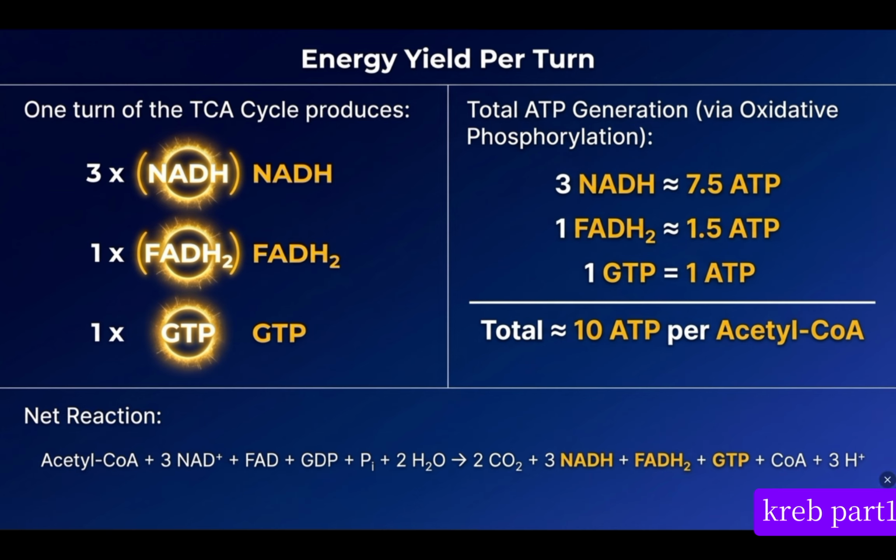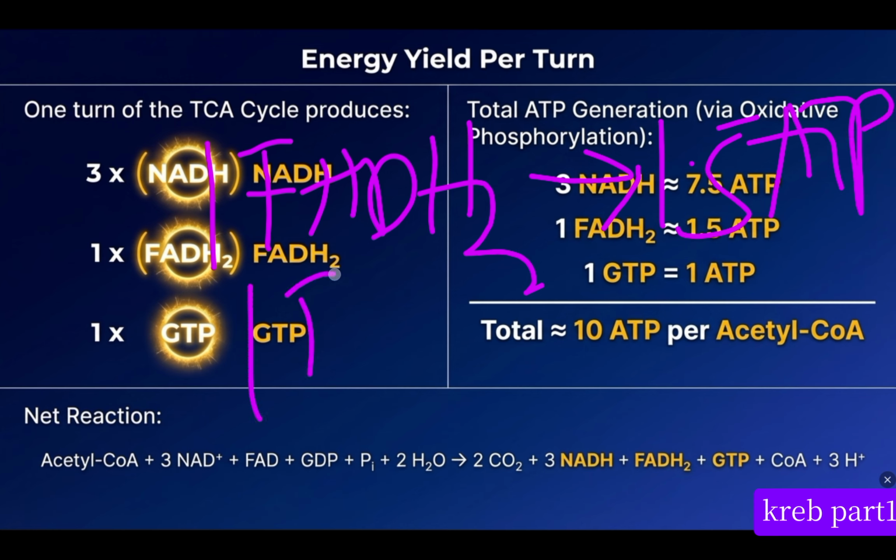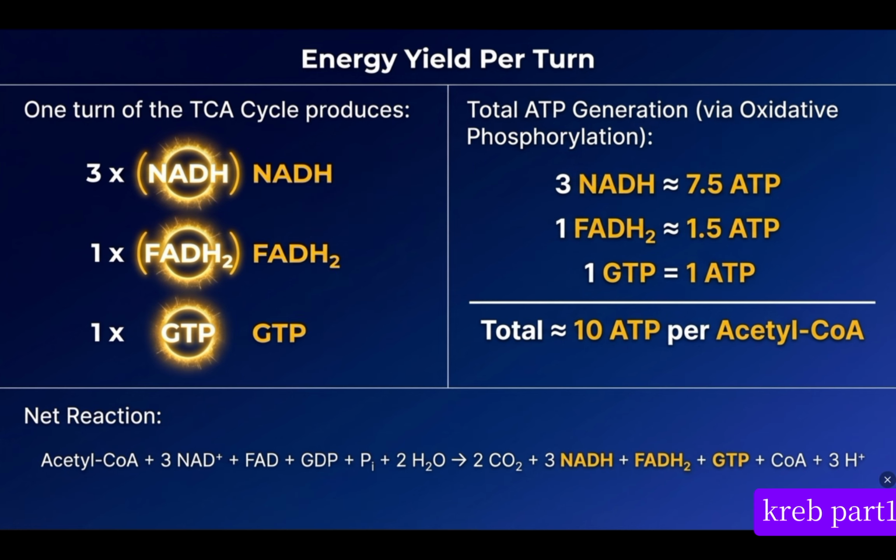And again, if 1 FADH2 will yield 1.5 ATP, therefore 1 FADH2 is equivalent to what? 1.5 ATP. And finally 1 GTP is equivalent to what? 1 ATP. So if you add 7.5 plus 1.5 plus 1, your total energy is 10 ATP. So per acetyl-CoA you are producing, how much energy are you producing? You are producing 10 if you are calculating with 2.5.